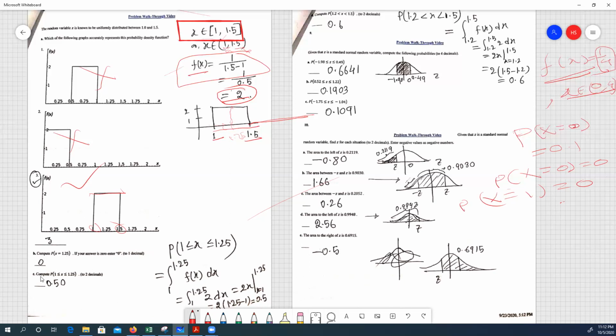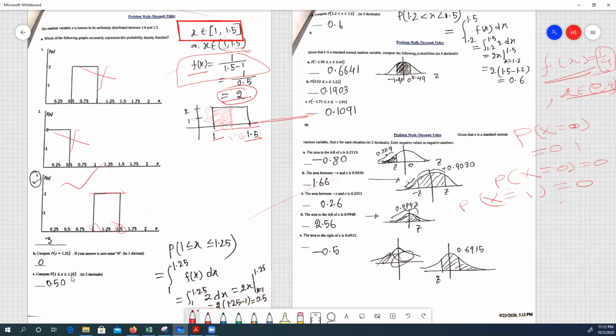But you can find the probability between two numbers. Compute the probability that x is greater than or equal to 1 and less than or equal to 1.25. You have to find the area of this part. One way is that this is a rectangle, and we know the height is 2.